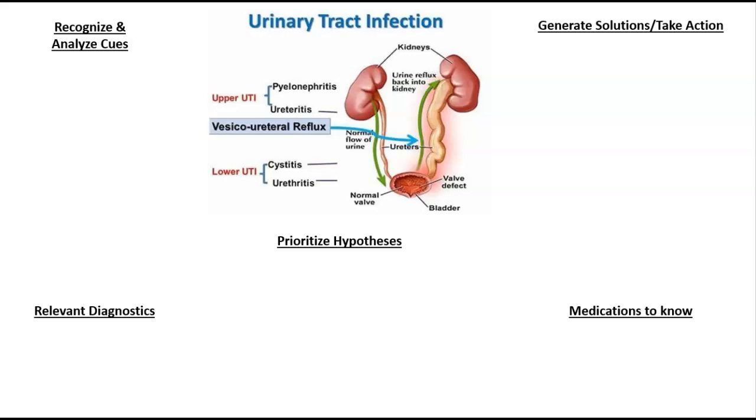So anything that changes the anatomic structure or the ability for the bladder to completely empty can absolutely lead to increase in UTI risk. Most organisms that do enter the urinary tract do not come from the body out. They come from the urethra up in.